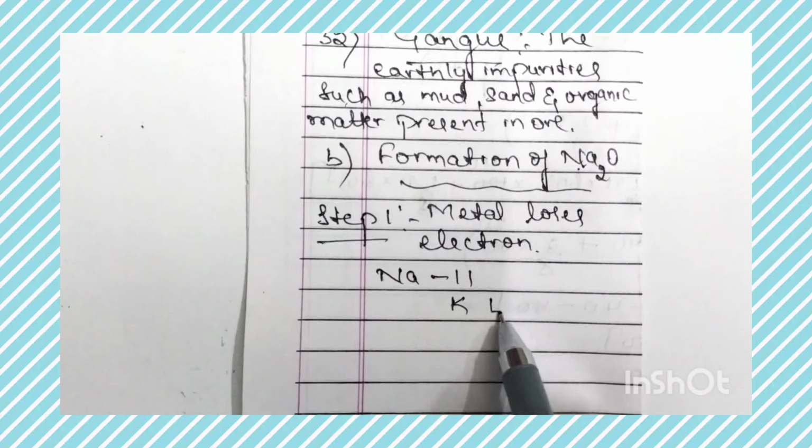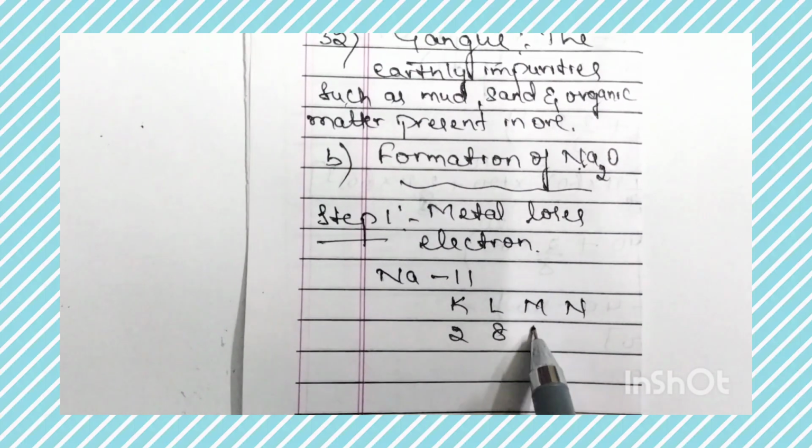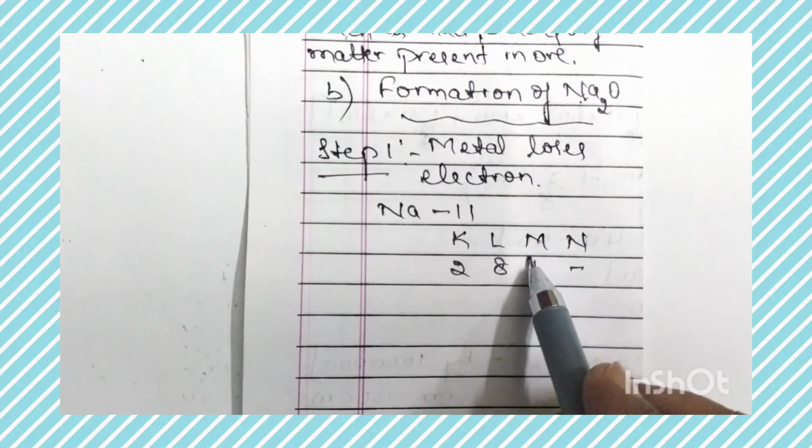If you distribute the electrons, 2, 8, 1. That means it has valence electron 1.